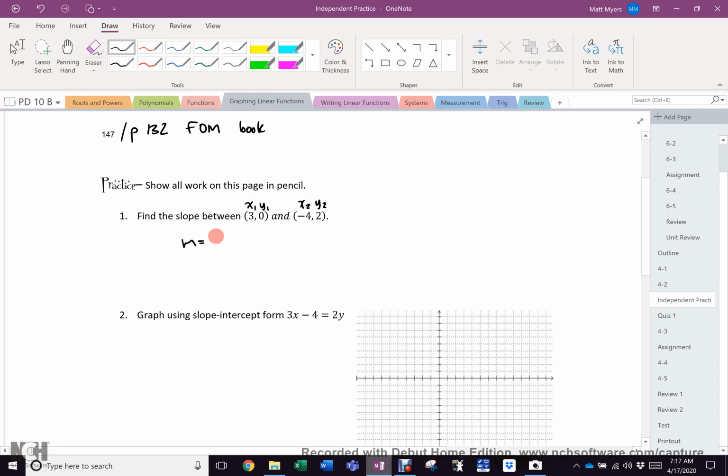Slope always equals y2 minus y1 over x2 minus x1, which is 2 minus 0 over negative 4 minus 3, which is 2 over negative 7, which means your slope you could have written as negative 2 over 7 or negative 2/7 or 2 over negative 7. Those are all the same thing.